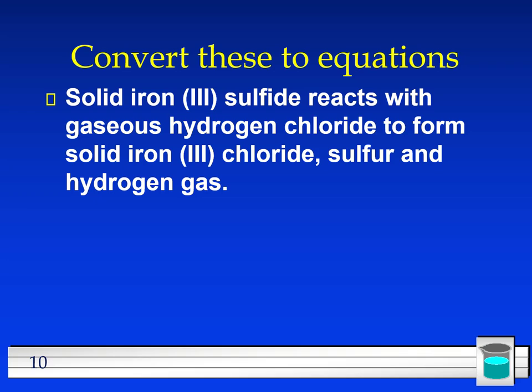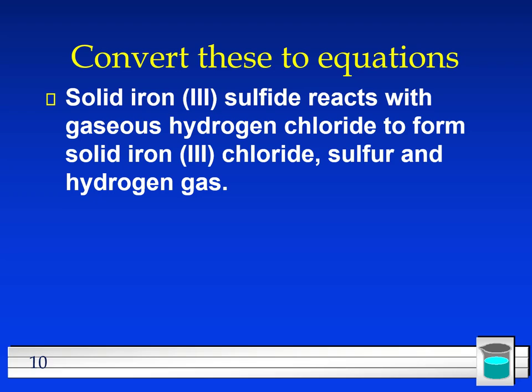What we're going to do today is take words and change them into balanced equations. Okay? So this is a sentence that describes a reaction. I took solid iron 3 sulfide and I reacted it with gaseous hydrogen chloride. I formed solid iron 3 chloride, hydrogen gas, and sulfur.